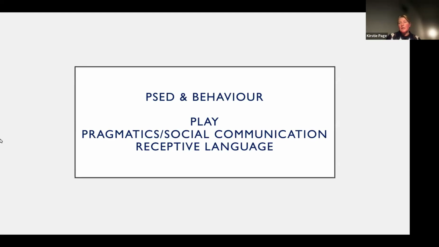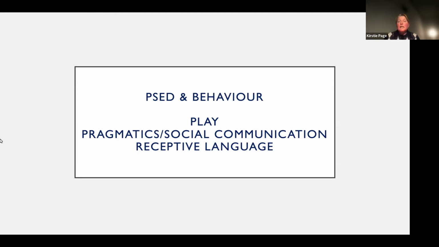So we need to be looking at, for these children, not just how do we manage their behaviour and reward good behaviour, we've got to look at that as well, of course, but how do we look at their skills, the reason why their behaviour is like this. It might be that their play skills aren't developed enough to cope with our learning environment. It might be that their awareness of other people and other people's needs has to be targeted. Do they know how to take turns? Do they even know that the other children are also there and are also people?